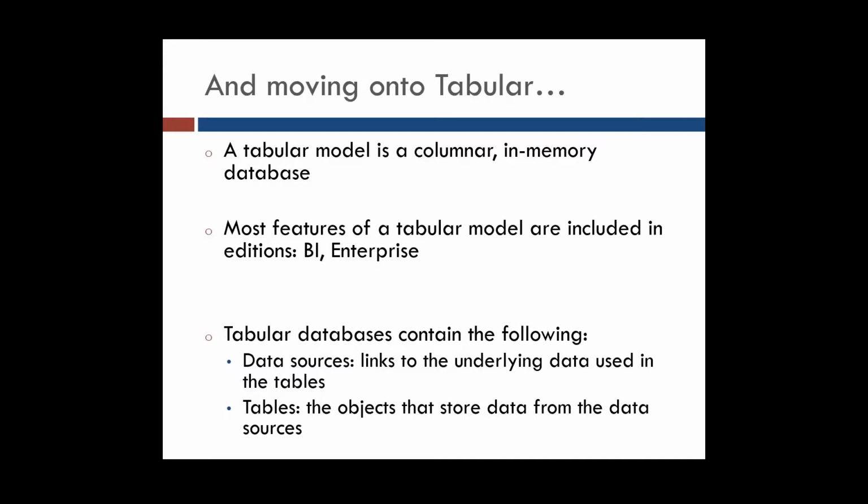And they really did, when they took it from Power Pivot and turned it into an enterprise multidimensional model, they made sure that they could pull it all in and that it really was enterprise ready there for us, mostly. So it's available in the enterprise editions, business intelligence or enterprise.